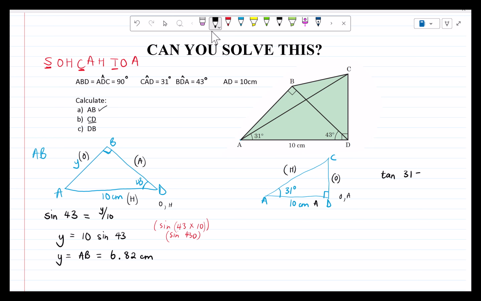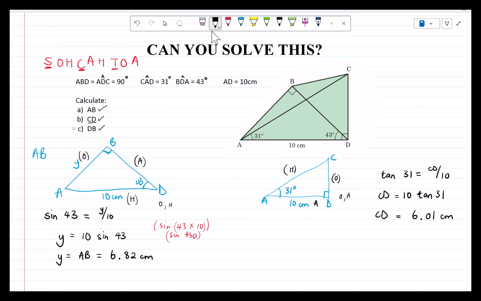Tan 31 is equal to opposite, which is CD over 10. Hence, to find CD, we're going to say 10 multiplied by tan 31. And giving our answer correct to 3 significant figures, our answer will be equal to 6.01 centimeters.